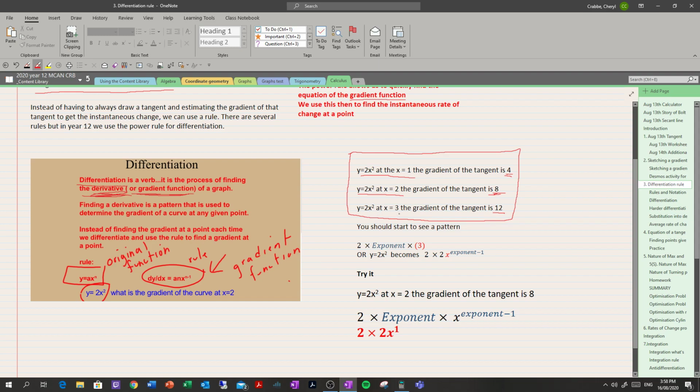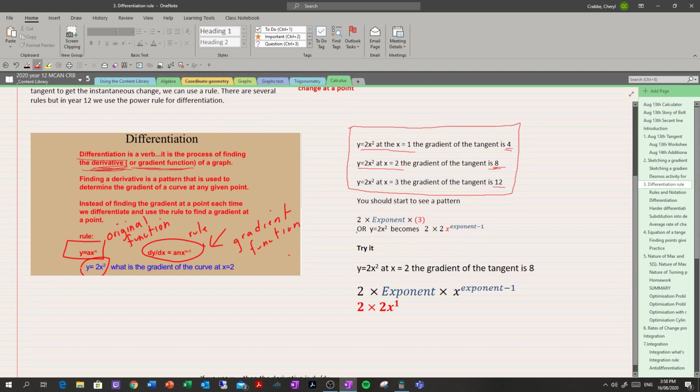Basically, you should start to see what's happening with the pattern. Let's take a look at this one. I'm going 2 times the exponent times the x, which is 3. 2 times the exponent, which is 4, times the x, which is 2, gives 8, and so on.